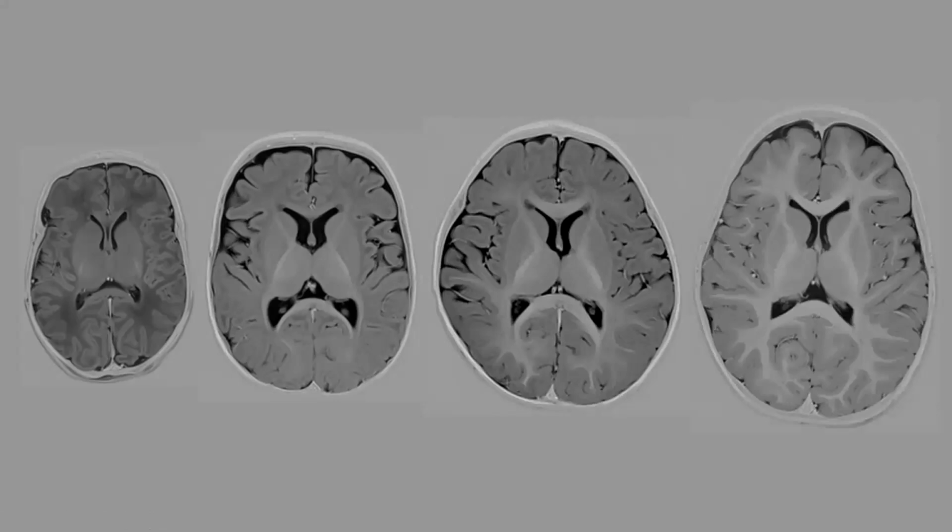And if we compare these images from a newborn child to a child of about, I think, 4 or 5 months old, 8 months old, and here somewhere between 1 and 2 years, we see that the signal intensity has changed dramatically from barely any myelination in a newborn child to complete myelination in a child between 1 and 2 years of age on T1.